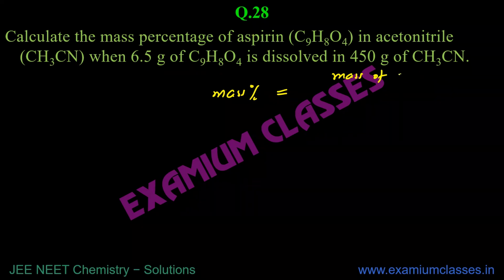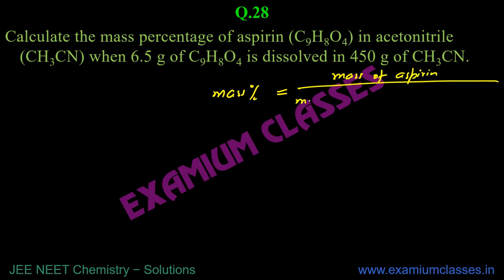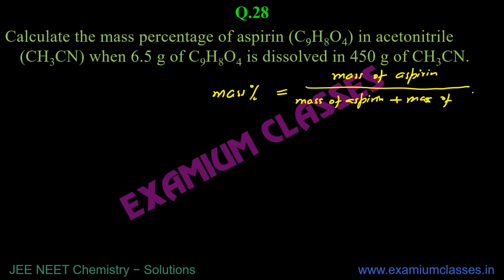So you will say mass of aspirin divided by total mass, aspirin plus acetonitrile, into 100, because we are calculating percent.